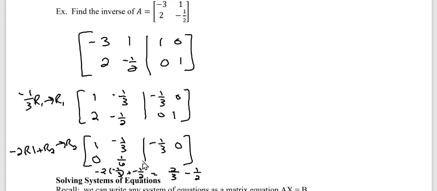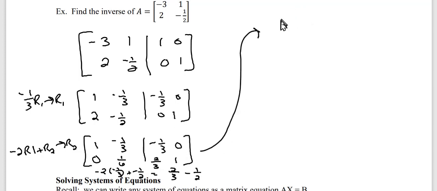So that'll be 1/6 as our final answer when we add those two. -2 times -1/3 plus 0 is positive 2/3. -2 times 0 plus 1 is 1.